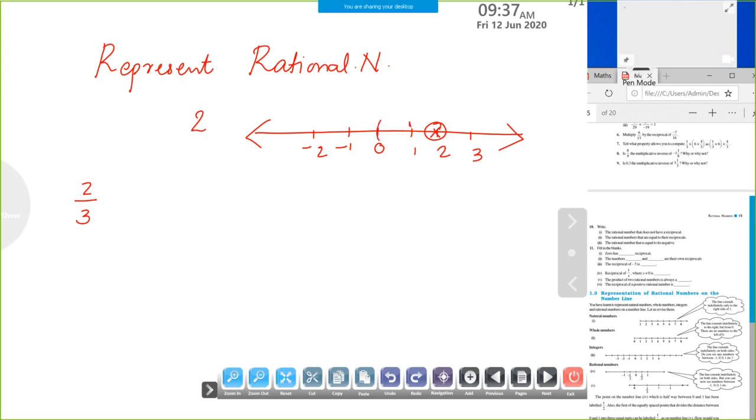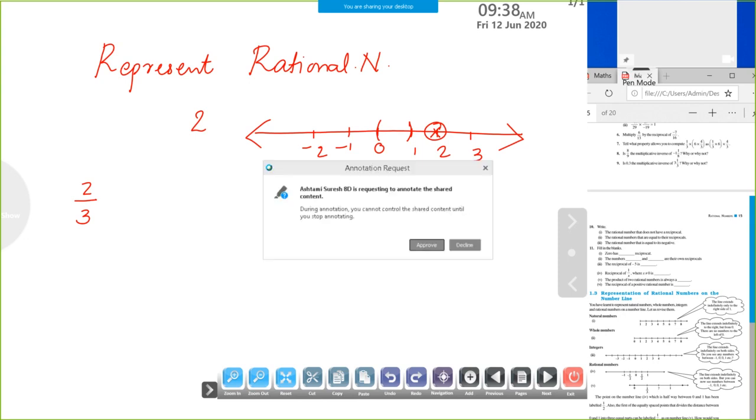For example, between 0 and 1 there are infinitely many numbers which you can represent there, but we cannot point out which number is where. Similarly, between 1 and 2, 2 and 3, minus 1 and 0, minus 2 and minus 1, etc., an infinite number of numbers are there.